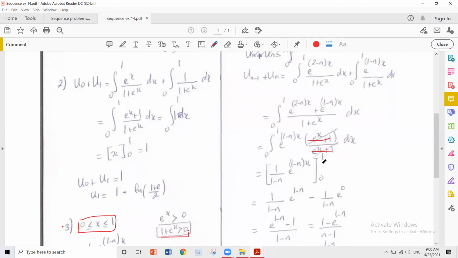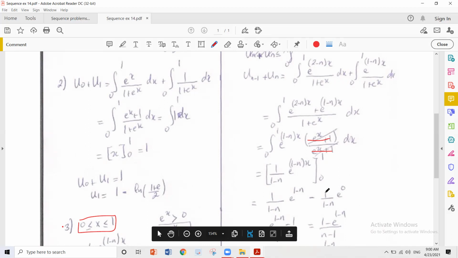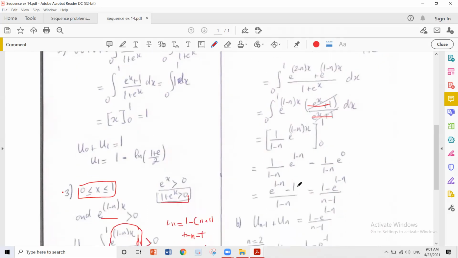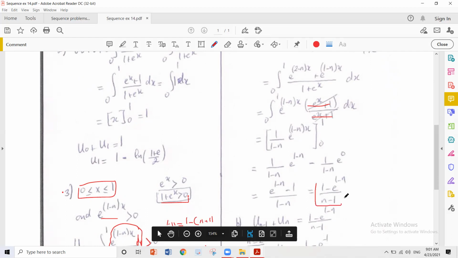First time we replace x by 1, second time we replace x by 0. 1 over 1 minus n e to the power 1 minus n minus 1 over 1 minus n e to the 0, equals e to the power 1 minus n minus 1 over 1 minus n. If I multiply the numerator and the denominator by minus, it equals 1 minus e to the power 1 minus n over n minus 1.